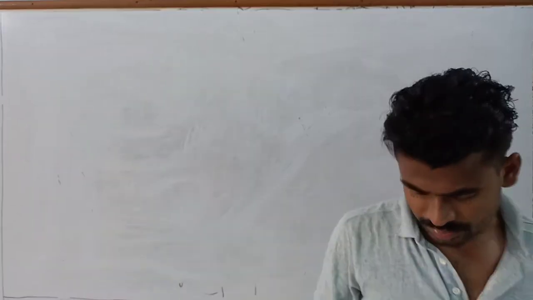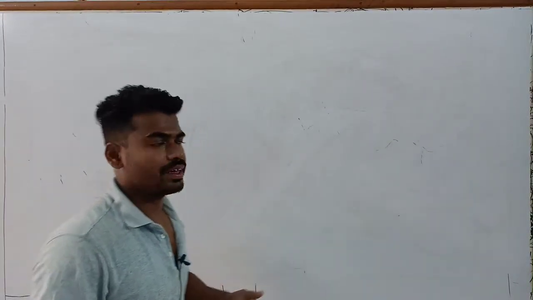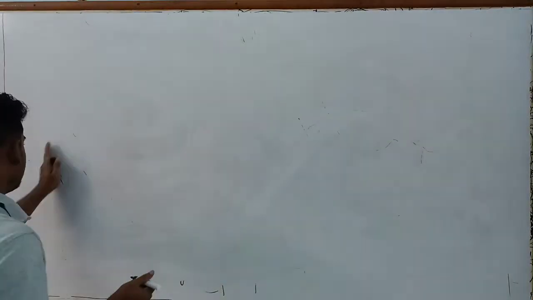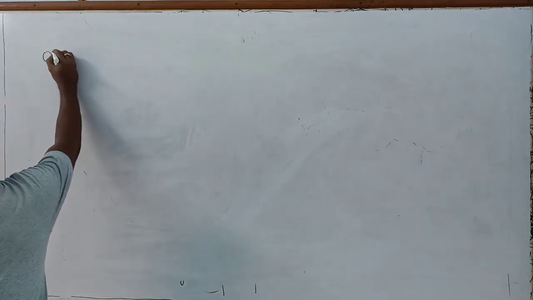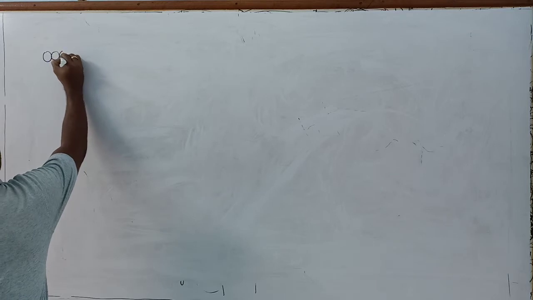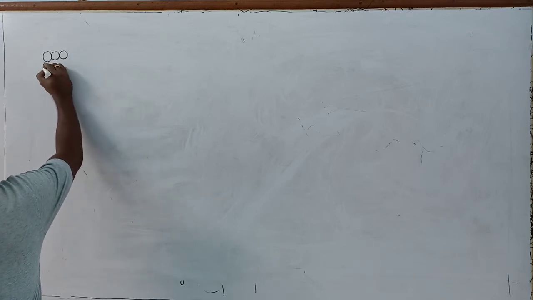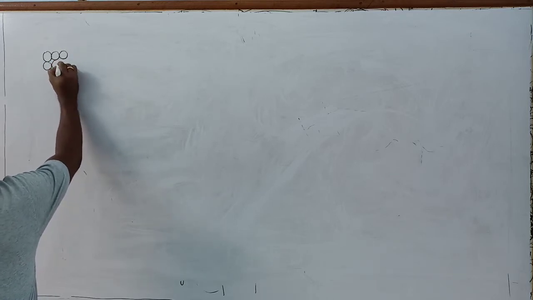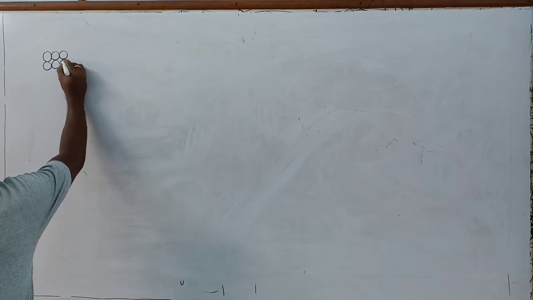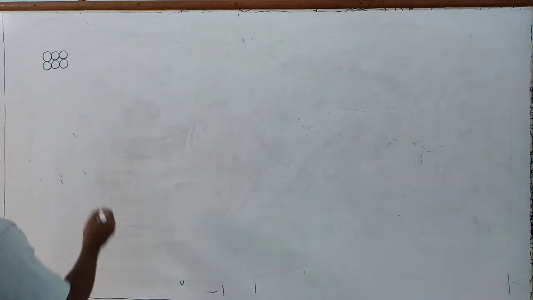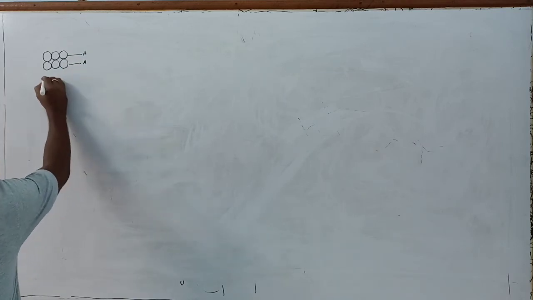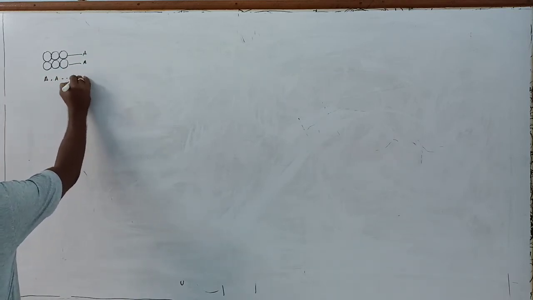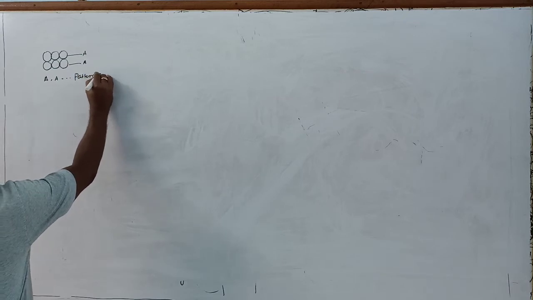Again, in 2-dimensional packing, just see the first one, where the first layer is vertically aligned with the second layer that I have just discussed. If this one is pattern A, this one is also pattern A, so it follows the AA pattern of arrangement.